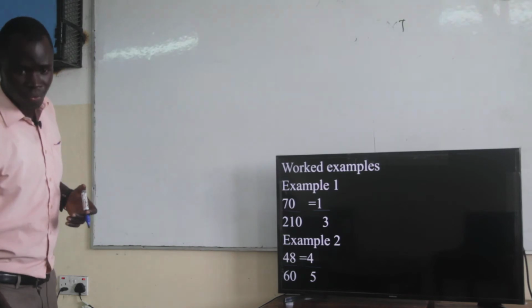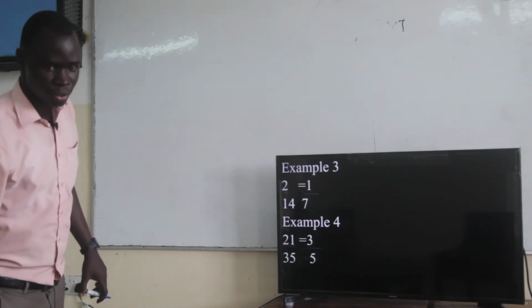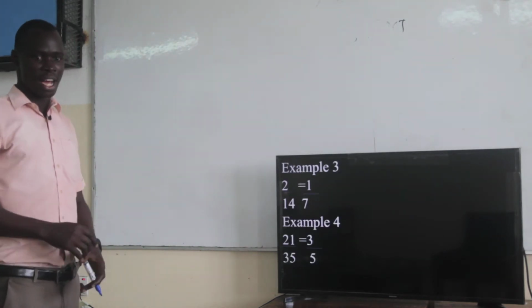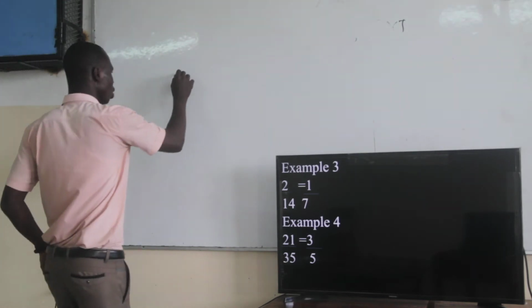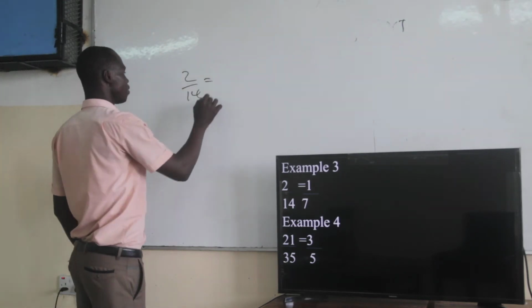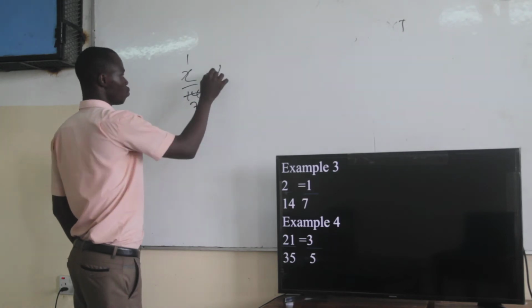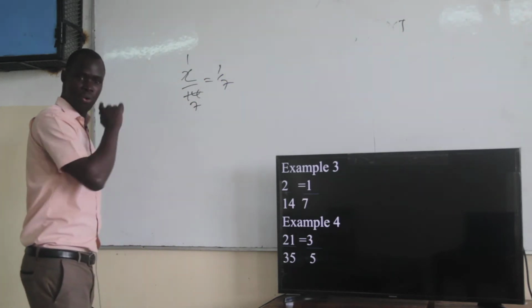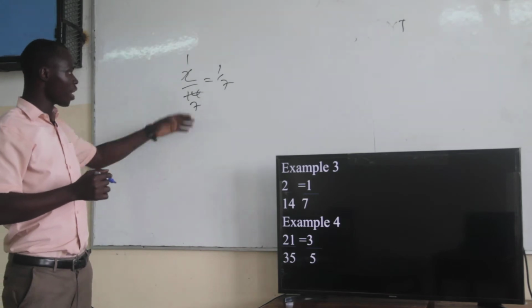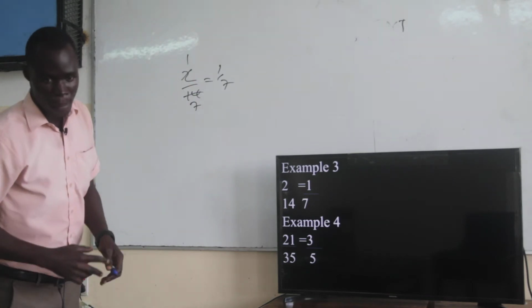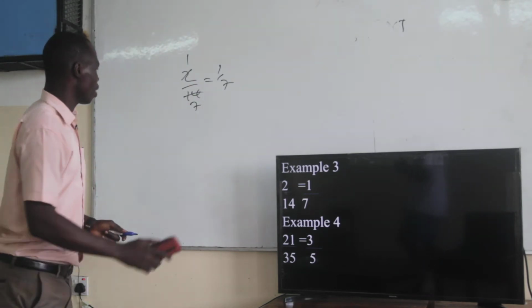Now, the third example is 2 over 14. 2 over 14, straight away you can see 2 goes here 1, 2 goes here 7. So the answer is 1 over 7. That one, then there's no other number that can divide it further.